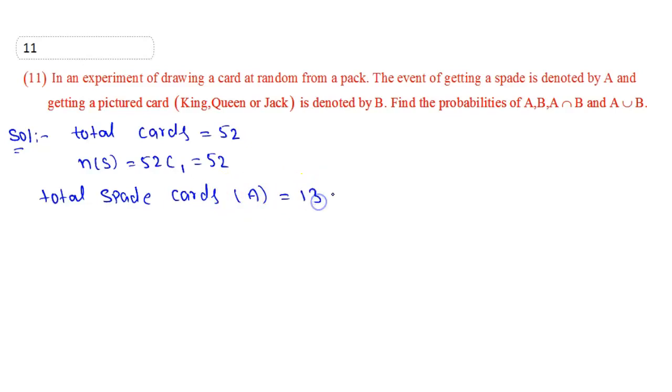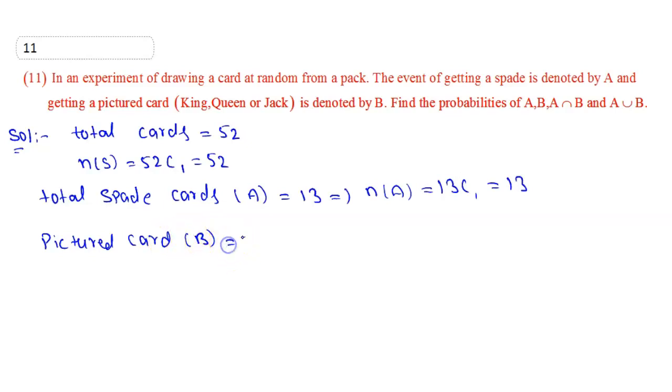Total spade cards is 13, so n of A is equal to 13C1, that is nothing but 13. And B is a pictured card. Total how many pictured cards do we have? 12. So n of B is equal to 12C1, that is equal to 12.